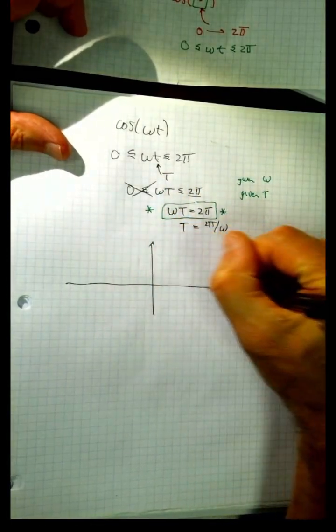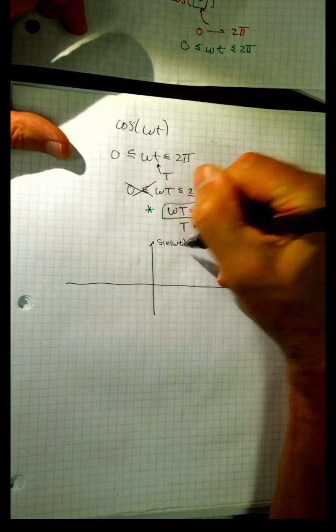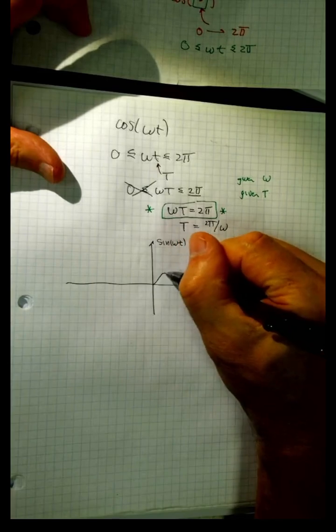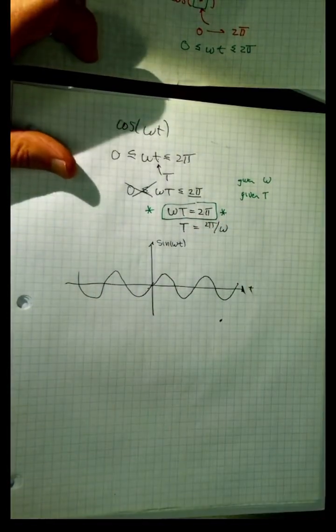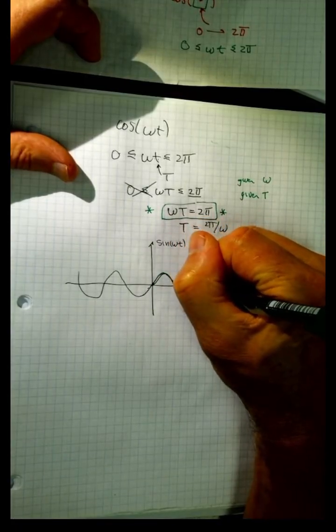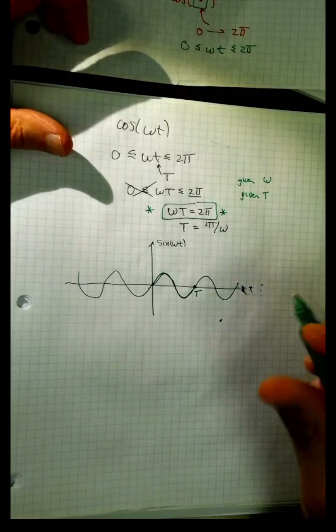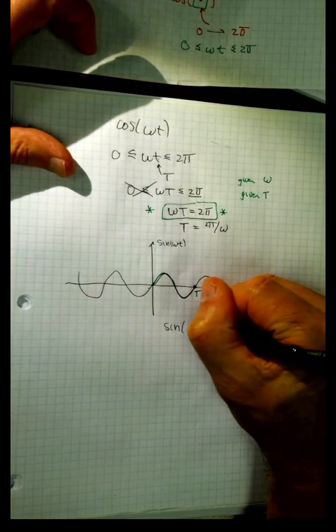And just to be complete, note the same kind of thing is going to work with a sine. The only difference is that it's going to be shifted a bit. And as the t goes from 0 through the period, sine is going to go through one whole cycle. So we have sine of something.